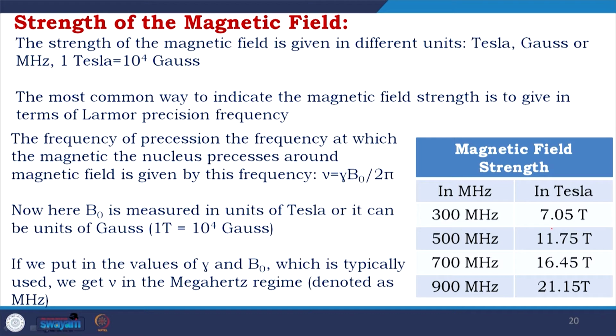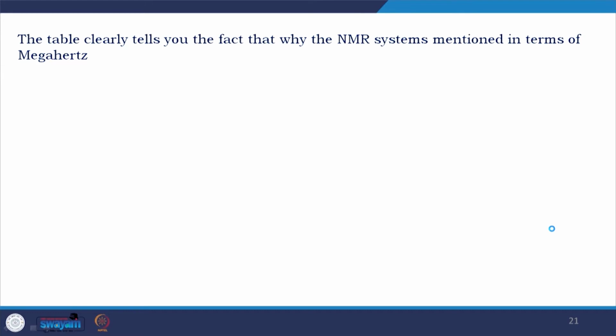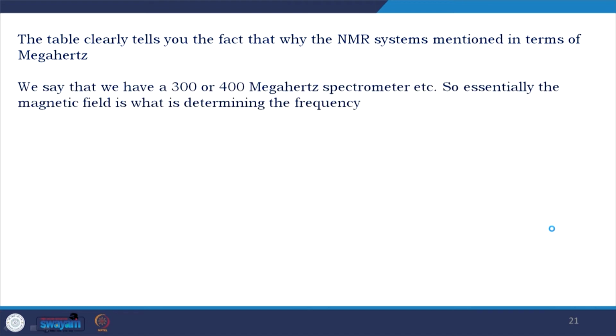And that is why we use megahertz to state the power of the NMR instrument. The table I showed you clearly tells you why NMR systems are mentioned in terms of megahertz. We say that we have a 300 or 400 megahertz spectrometer. So, essentially the magnetic field is what determines the frequency.